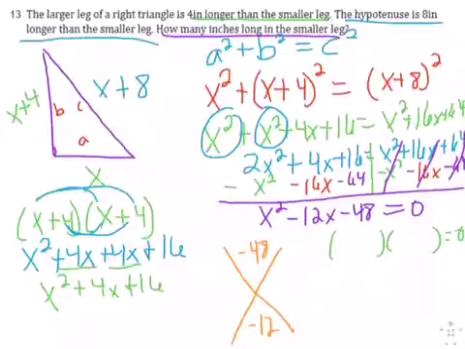It appears we made a slight mistake, and I'll show you that mistake is down here where we combined our like terms. I added 4x plus 4x and got a 4x. So I caught this mistake because I realized I don't know anything that multiplies to negative 48 and adds to negative 12.